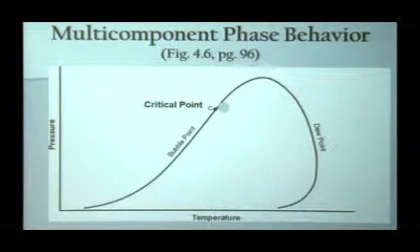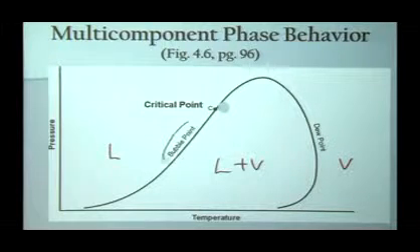If we go to our curve, in this region, you're going to have a liquid phase. In this region, you will have a vapor phase, and in between, inside the phase envelope, you're going to have liquid plus vapor.